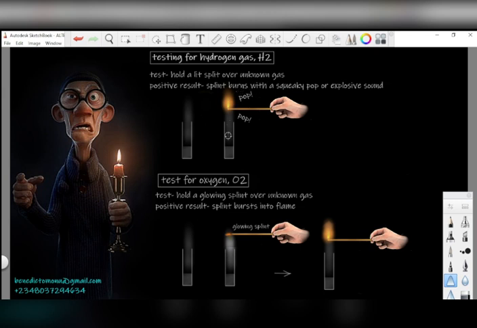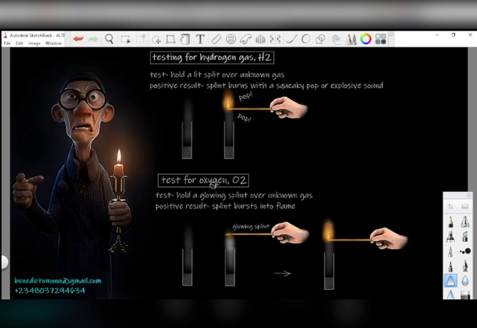Now, if you hold it over the gas which you do not know, but you want to check if it is hydrogen, if this gas burns or the splint burns with a squeaky pop or an explosive sound, then that gas coming out is hydrogen. Else, it is not hydrogen.